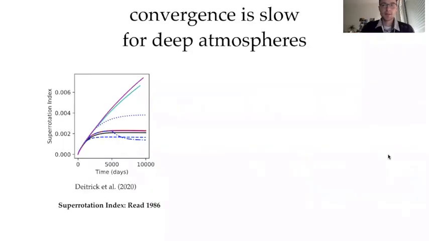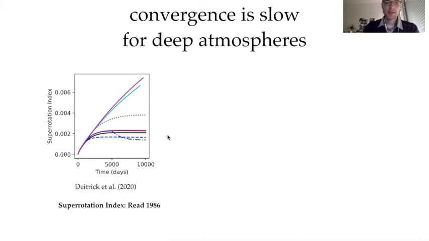As the title says here, convergence is slow for very deep atmospheres, such as hot Jupiters. One way to measure convergence is via the superrotation index introduced by Peter Read. Again, I'm showing results for HD 189733b under various numerical settings, and we call the model fully converged, at least in terms of flow, when this superrotation index plateaus.